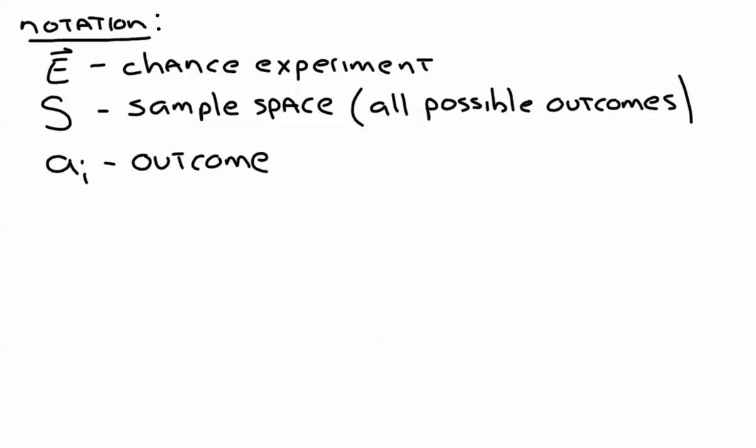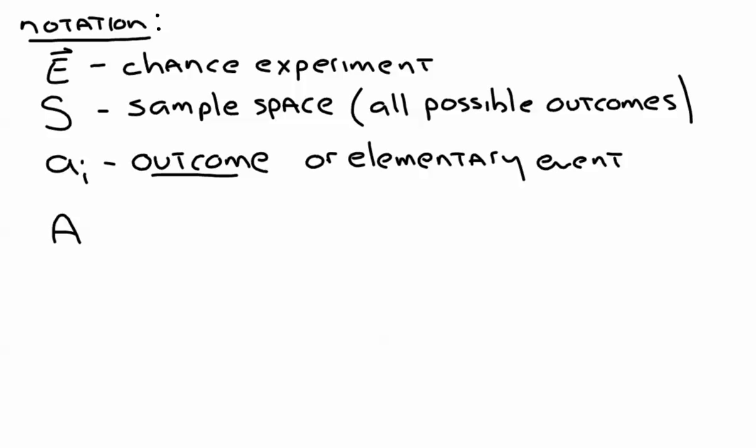An outcome is the result of performing a chance experiment. It's what occurs. It's one of the possible things that can occur when I perform a chance experiment. An outcome is also known as an elementary event. I will almost always call it an outcome.